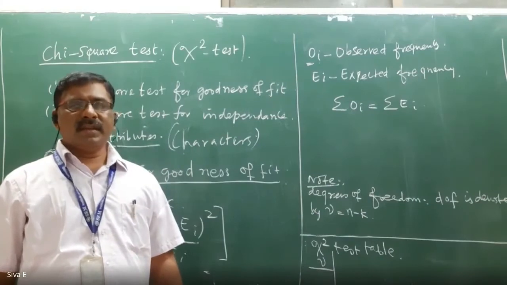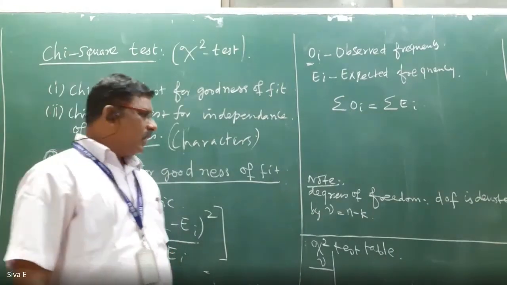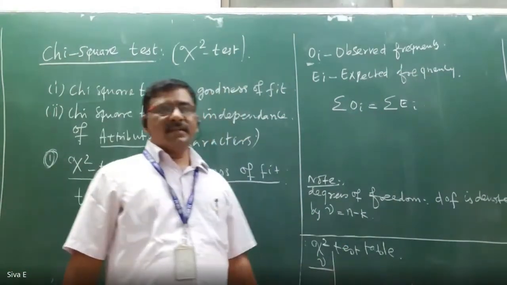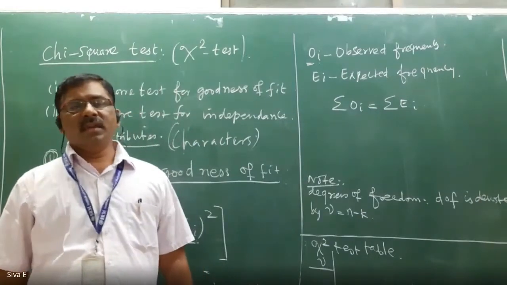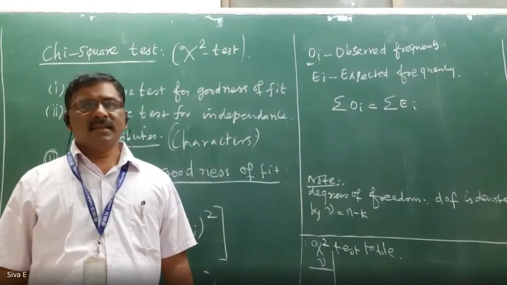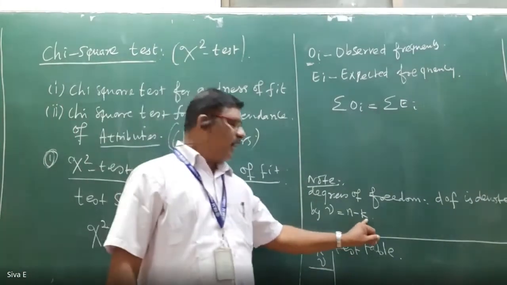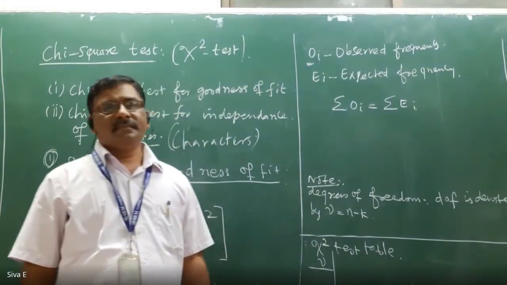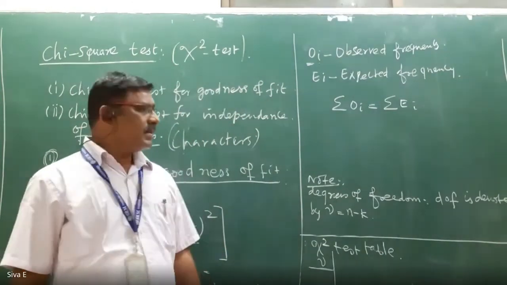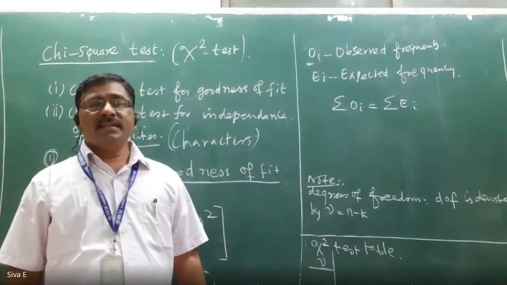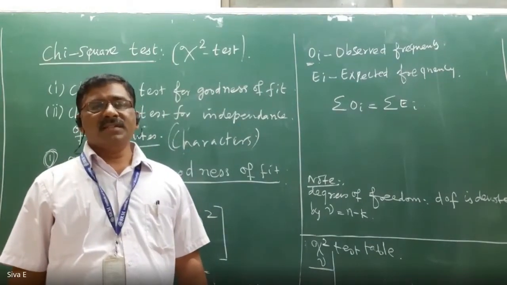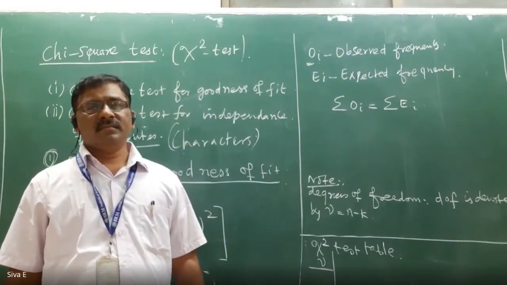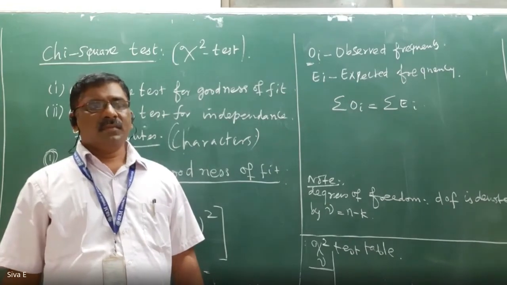N is the sample size. K is the number of constraints.